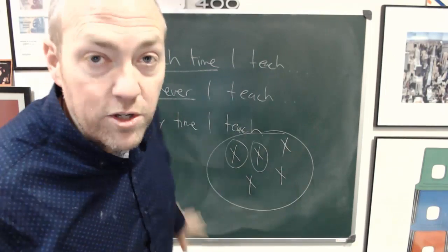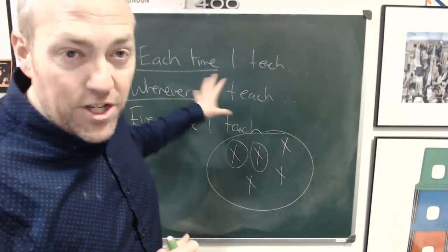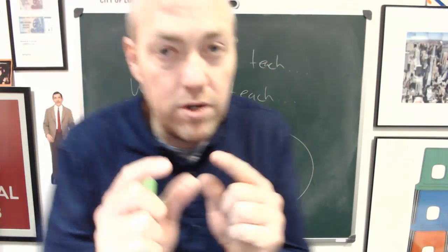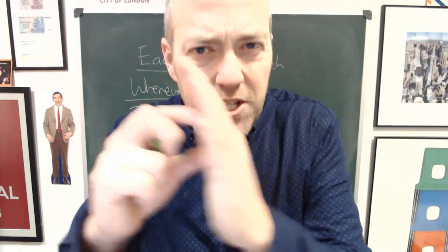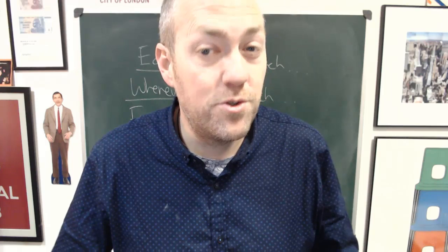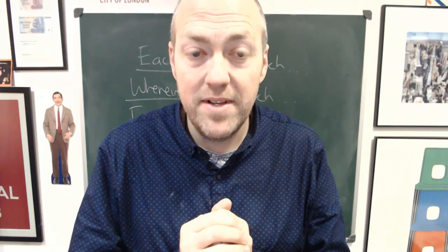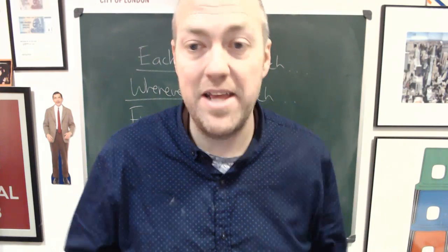You can use them when you're talking about all of the things. And each time you would use that when you're talking about the individual things. Okay? Hopefully that helps to answer your question. Please tell me if not, and I will explain some more.